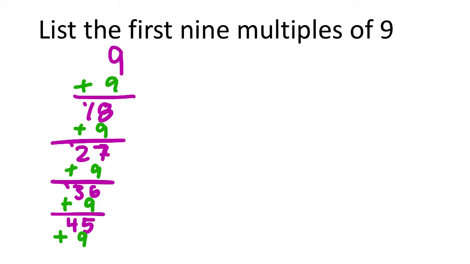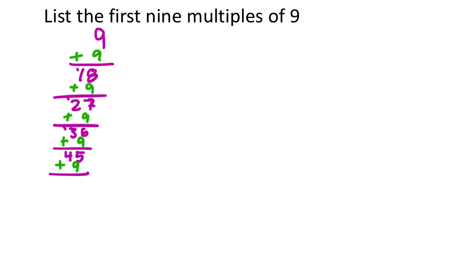This one asked for the first 9 multiples. That's all right. Just need a little bit more space, that's all. 5 plus 9 is 14. Carry the 1. 4 plus 1 is 5, 54. That's our sixth multiple. Add another 9 there. I'm trying to write a little bit smaller. So 4 plus 9 is 13. Carry the 1. 1 plus 5 is 6, 63.